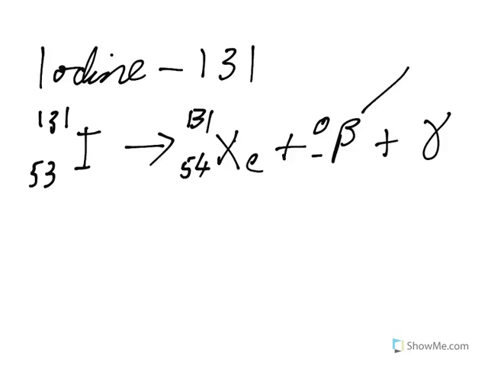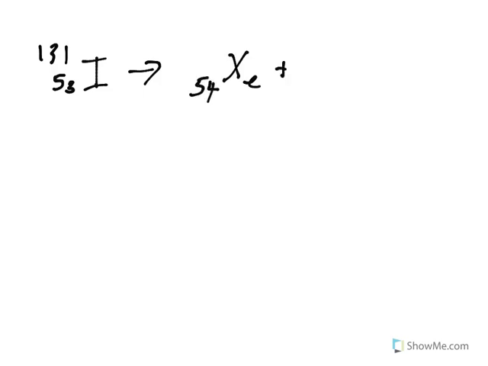The beta particle has gone, there's excess energy in the xenon atom nucleus, and that's given off as a photon of electromagnetic wave, which in this case is gamma. Another way that you may see that written is that you've got your iodine, and then that decays to your xenon, so it's a two-stage process.